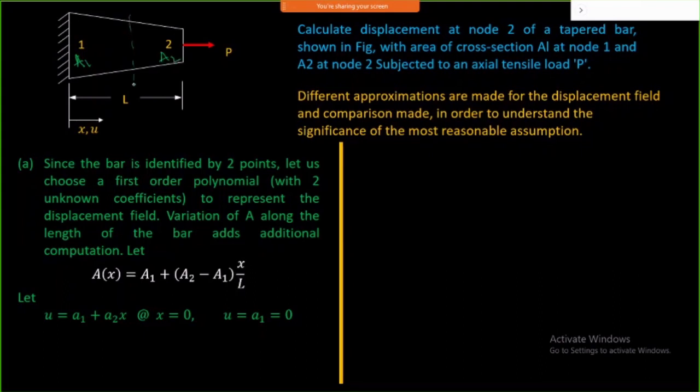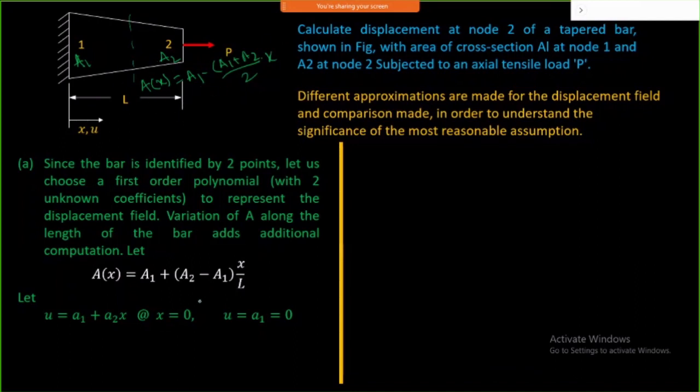If I take any area in between, I can assume the area A(x), which is possible by A1 plus (A2 minus A1) into x upon L. That way we can determine an approximate area.